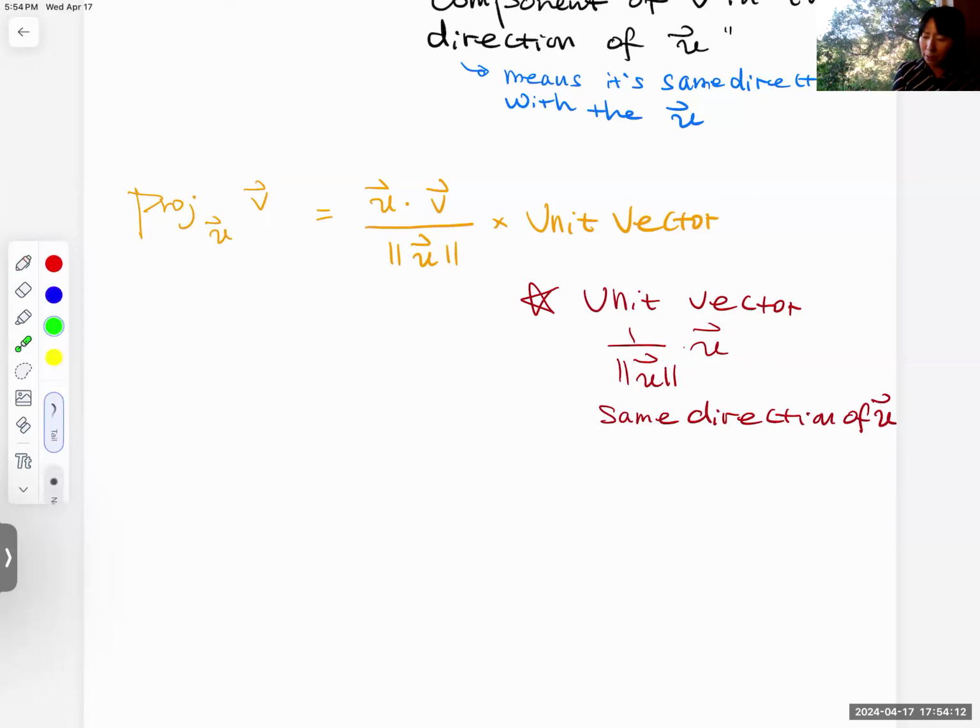If we say unit vector, then the unit vector has this form, and the unit vector goes in the same direction as this vector. In that case, it's U. All right?